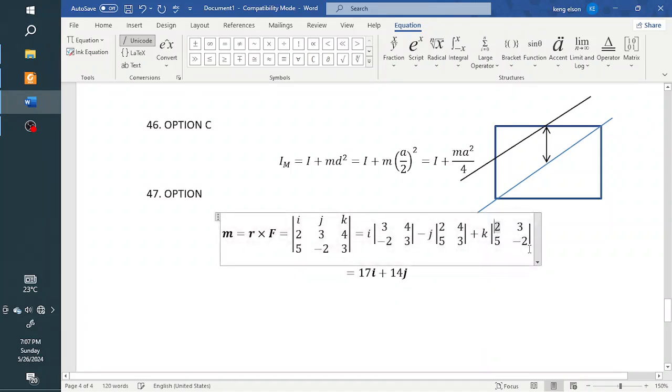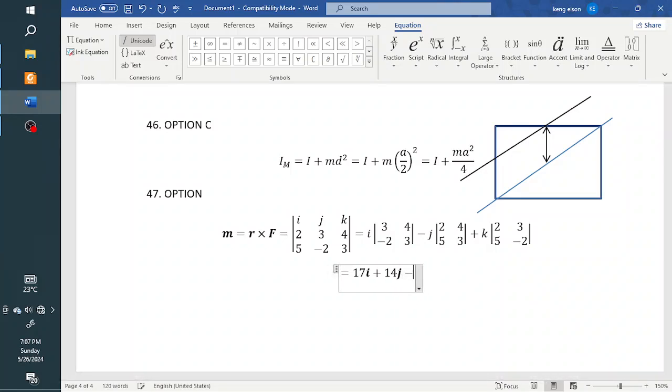Now negative 4 minus 15 is negative 19, so minus 19k Newton meter. So that is the moment. But the question is not asking for the moment, it's asking for the magnitude of the moment. So the magnitude of the moment is the square root of 17 squared plus 14 squared plus negative 19 squared Newton meter.